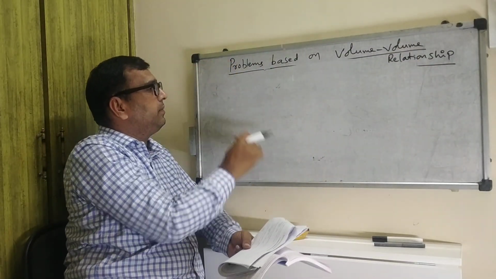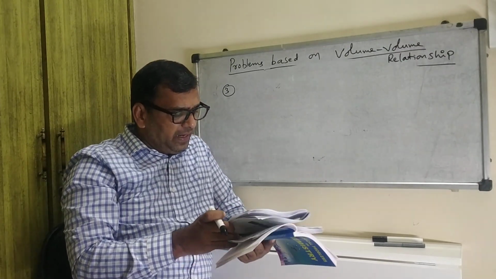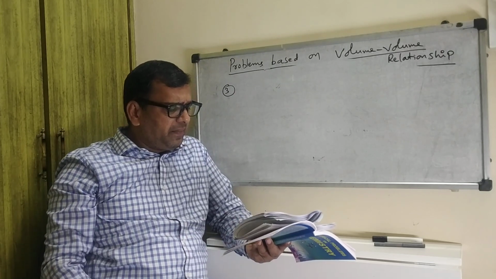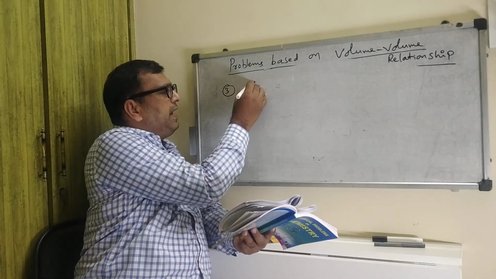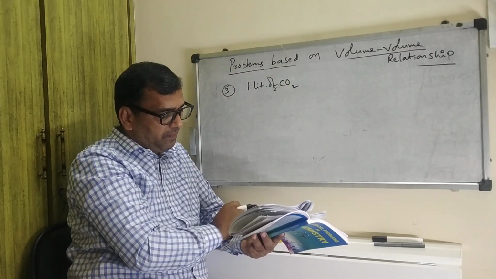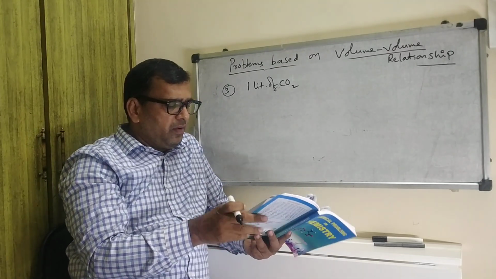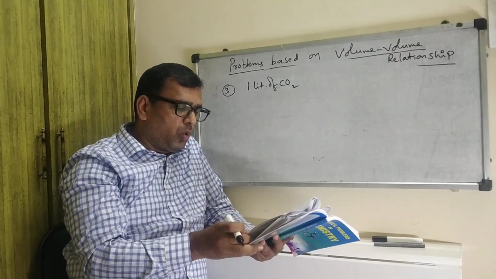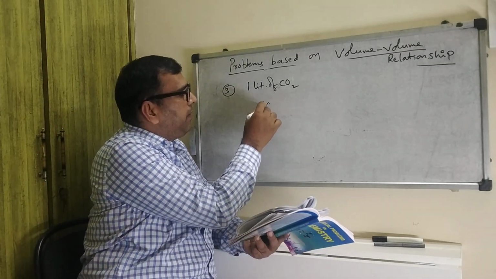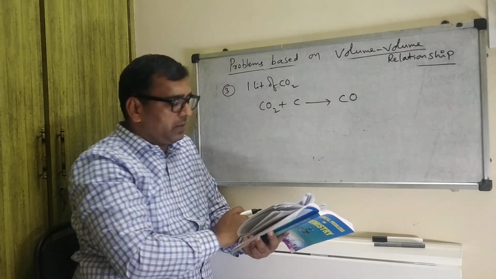Third problem, similarly: 1 liter of carbon dioxide is passed over hot coke. Here carbon dioxide reacts with carbon to form carbon monoxide.